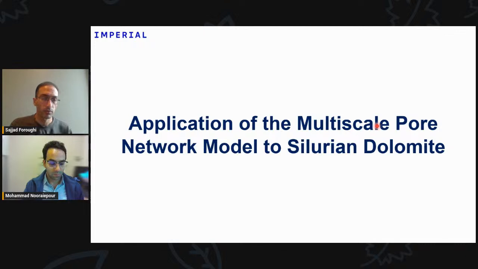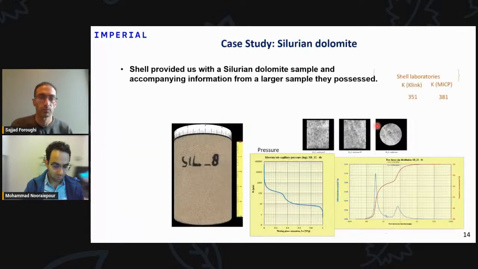The next sample that we want to apply this to is a Silurian dolomite sample. For this sample, we don't have any experimental results regarding two-phase flow, so we just predict what the result would be based on our multi-scale pore network model. This sample is similar to the previous one, with permeability of around 350 millidarcy based on the different subvolumes that we have, provided by Shell, and this is the pore size distribution.